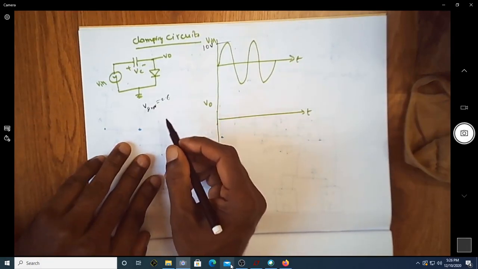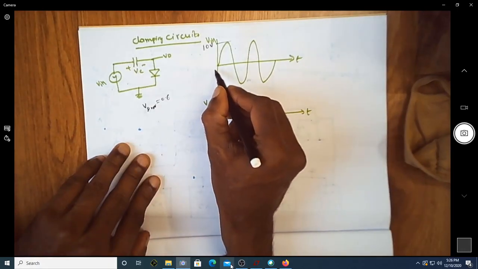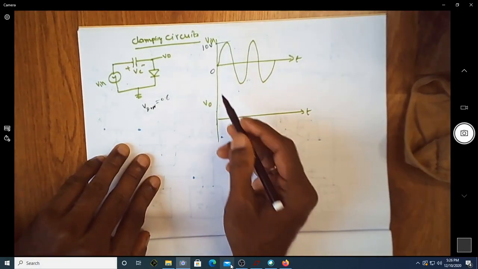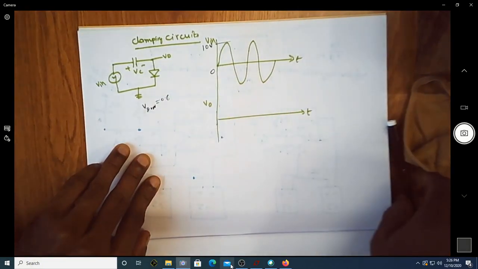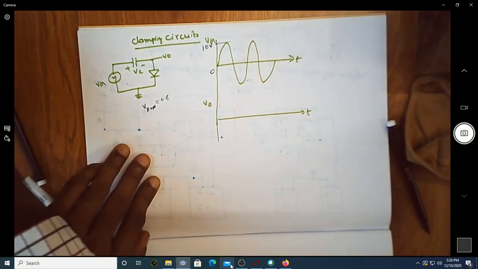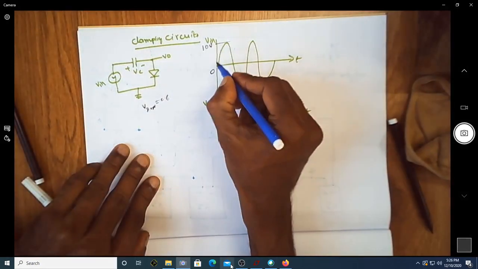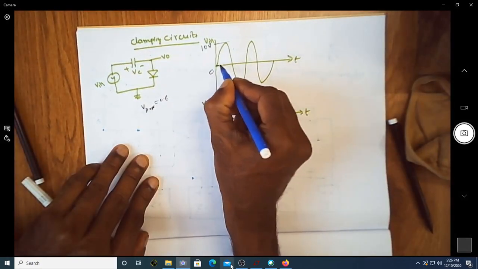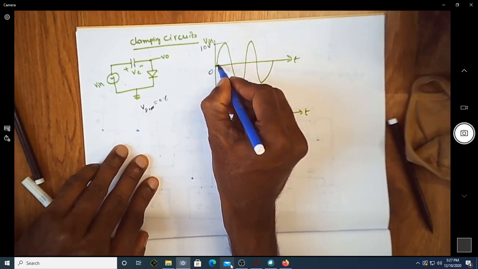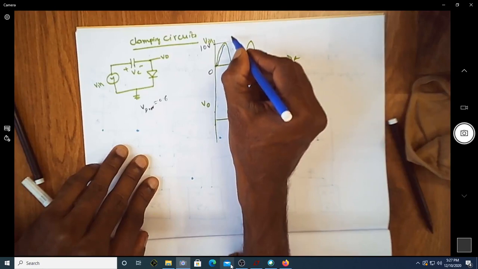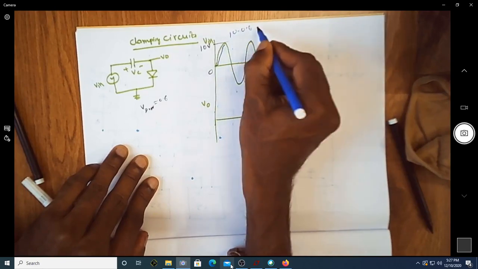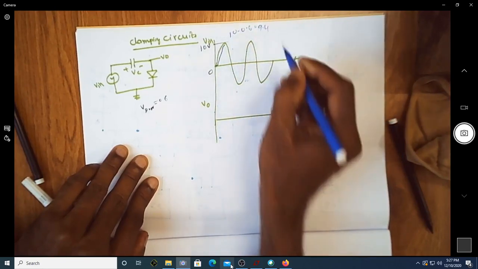Starting from t equal to 0, the capacitor will start charging, and until the input reaches 0.6 volts the diode will be off, and then it keeps on increasing. It will go to a voltage of 10 minus 0.6, which is equal to 9.4 volts.